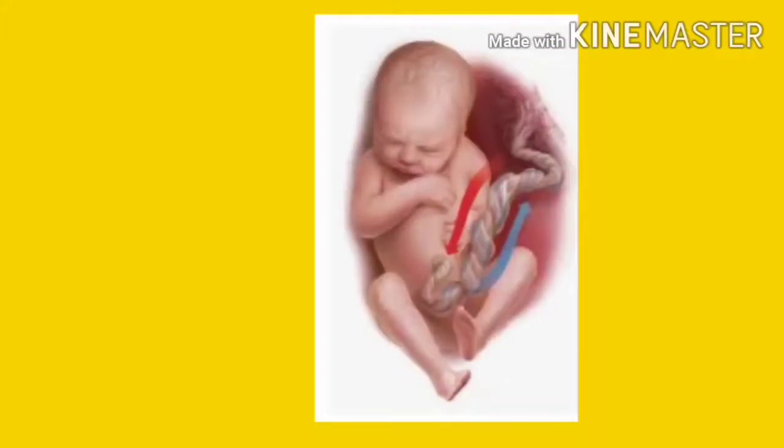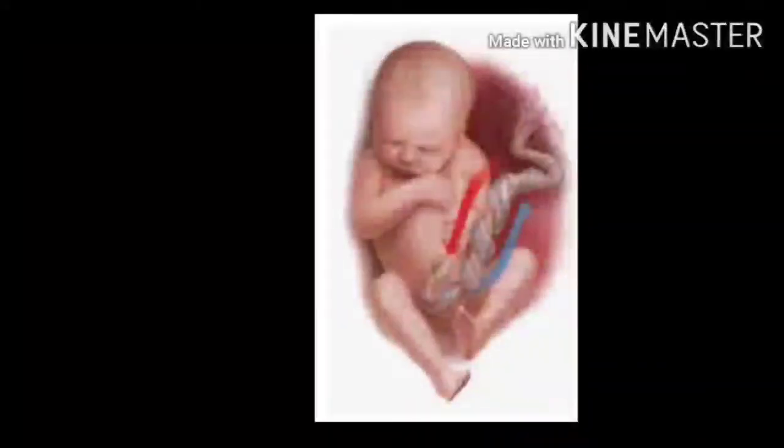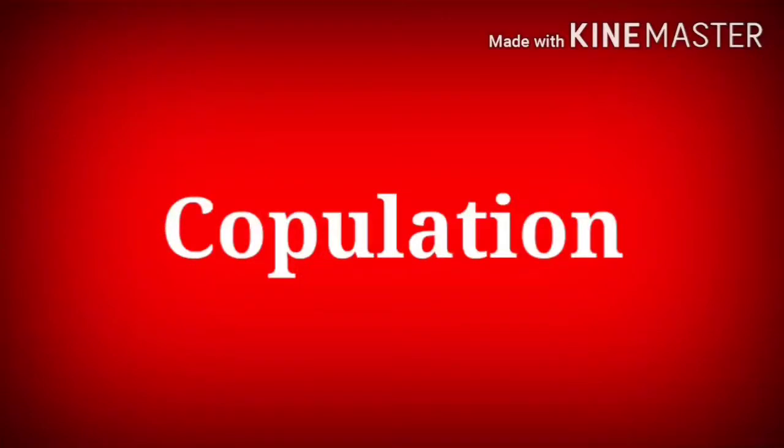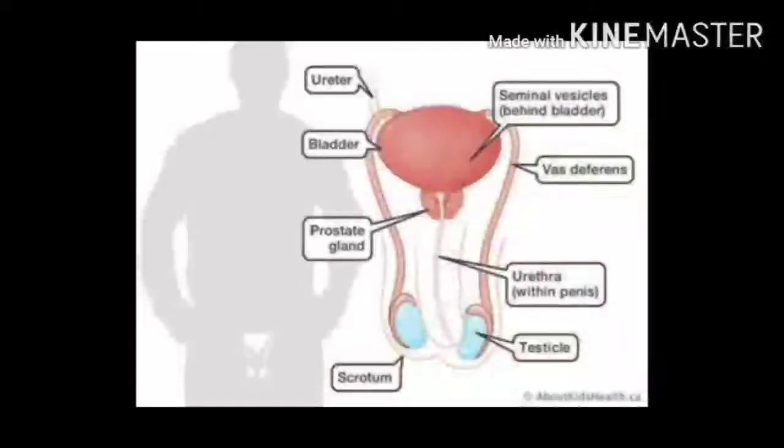That means embryonic development is completed in the uterus of the female and she gives birth directly to young ones. Now in human reproduction, a series of events are included, like gametogenesis, copulation, fertilization, embryonic development, organogenesis and the birth of the fetus.